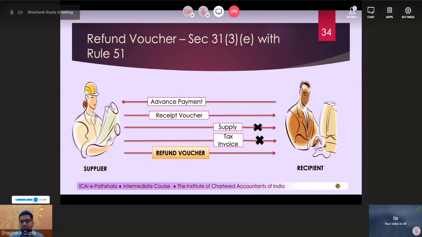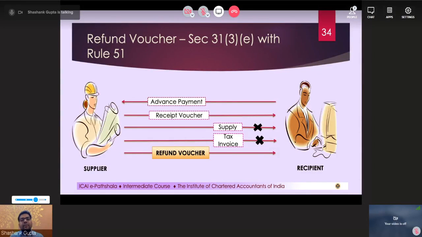Now the refund voucher. Suppose someone paid an advance and before the supply could take place, the person who had given such advance claims a refund of such advance.